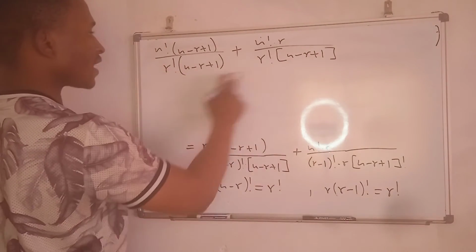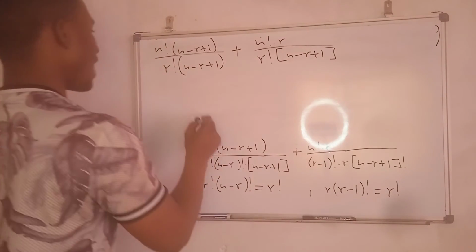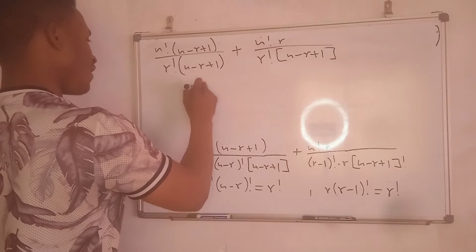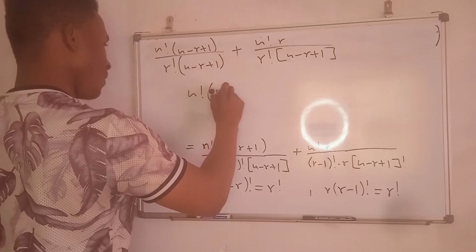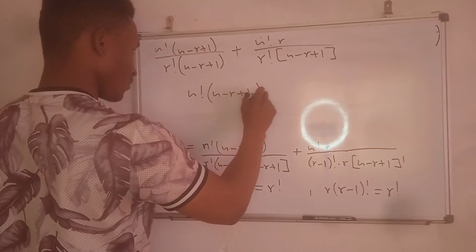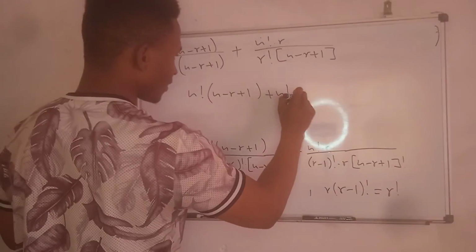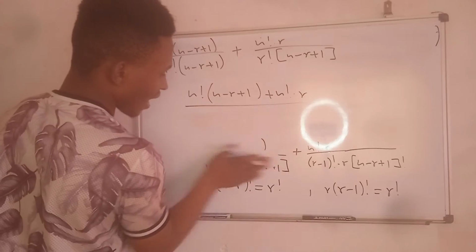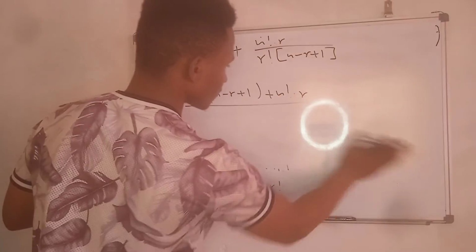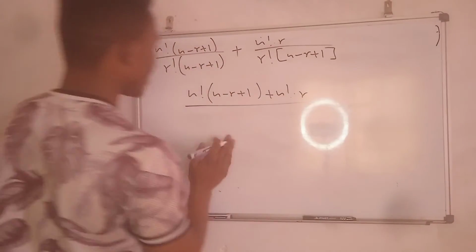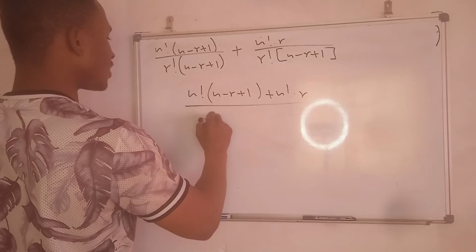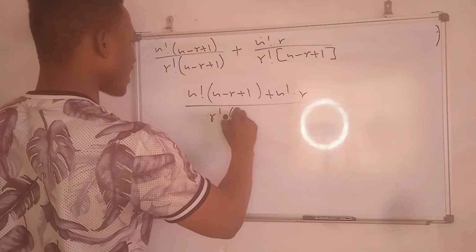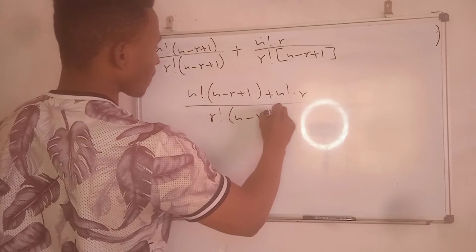So right now my denominators are common. I can say n factorial times n minus r plus 1 plus n factorial times r, and I can divide it now by my common denominator.